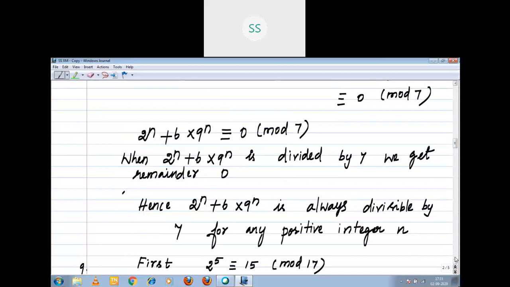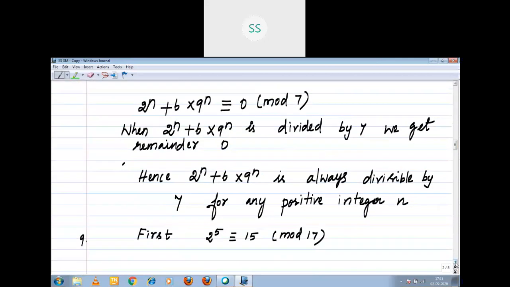When you divide 32 by 17, your remainder is 15. Now, you are going to square on both the sides. 2 power 5, the whole square, equals 15 square modulo 17. Right?